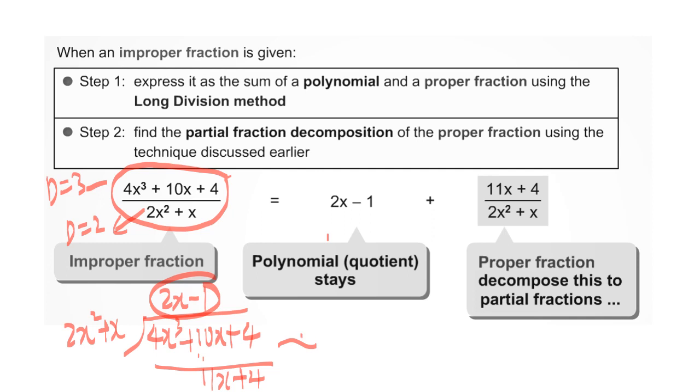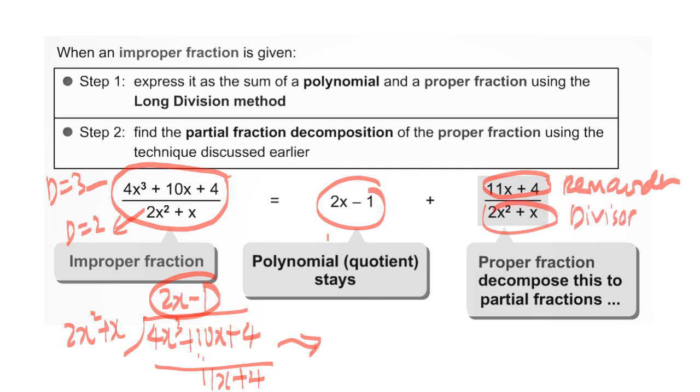So this can be expressed as the quotient, 2x minus 1, plus this remainder over this divisor. So which is the one that you apply the concepts of partial fractions on? You apply it on this part here. You leave your quotient untouched, and then you apply partial fractions to this portion here where I put the asterisk.